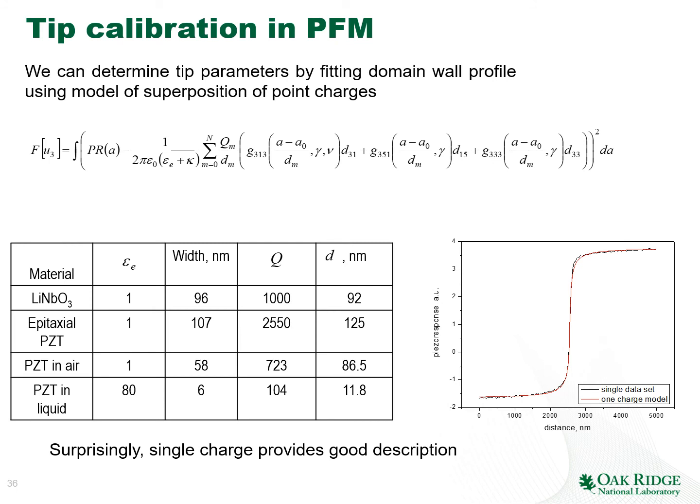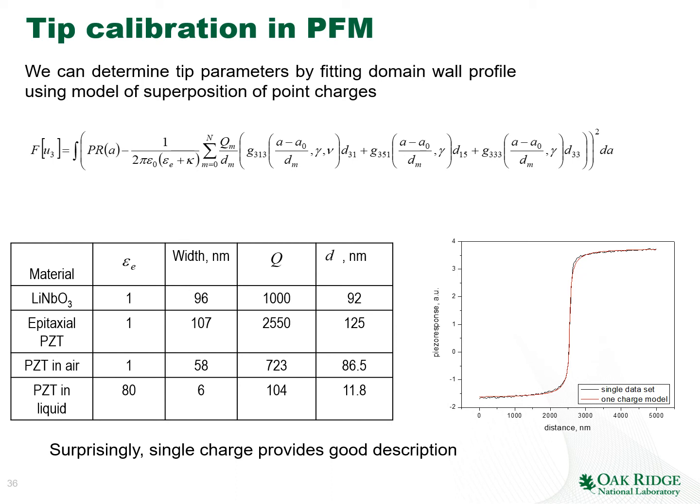As I said, this allows us to calibrate the tip parameters, and we do that by taking the experimental domain wall and then using this formula to fit it by finding the equivalent magnitude and position of the charges.